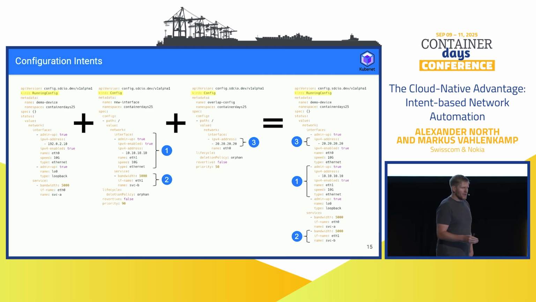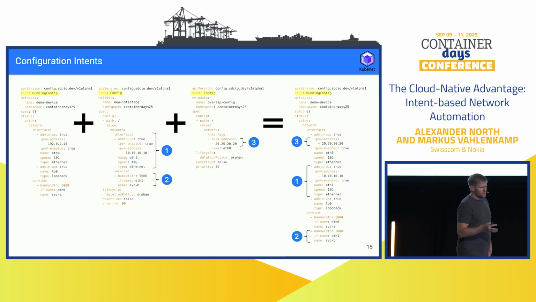So in this case, the priority of the second configuration is higher than the initial one. And that's why this value is taken into the running configuration. The good thing here is, as soon as I delete the second configuration, my initial configuration is still there because it's stored as an intent, and that value will be restored.